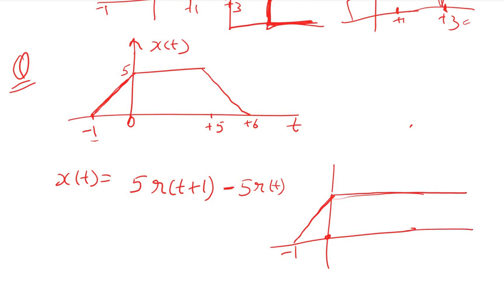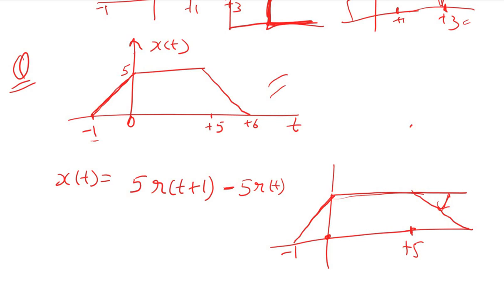Alright. Now further, if you look at the desired signal, at t is equal to plus 5, there's again a ramp function with a negative slope. So suppose this is the plus 5 point. So we need to bring down this ramp function to a negative slope.